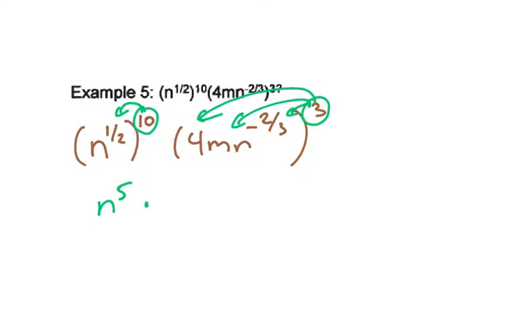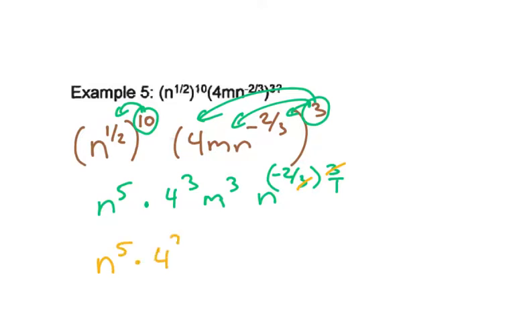So this is going to become times 4 to the 3rd, m to the 3rd, and n is going to be negative 2/3 times 3, or 3 over 1. You can see that the 3's will cancel out, so we're going to be left with n to the 5th times 4 to the 3rd, m cubed, and this is going to be n to the negative 2.